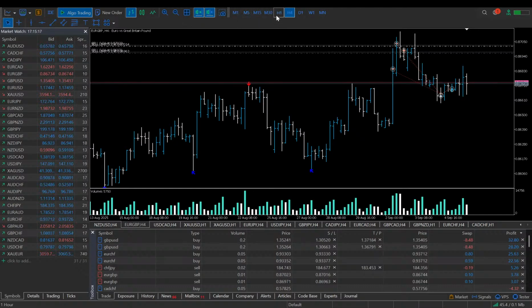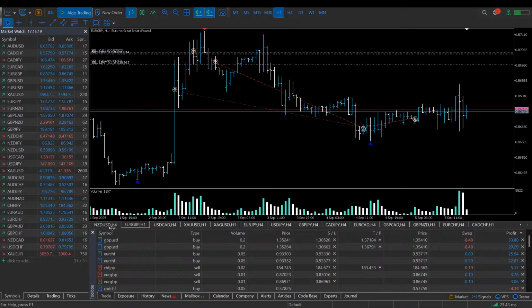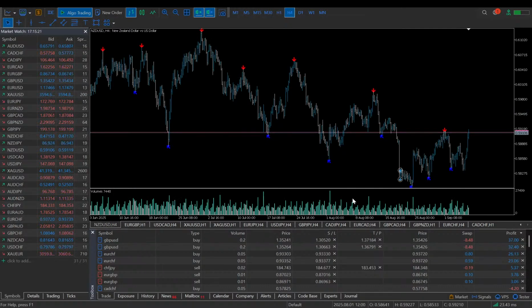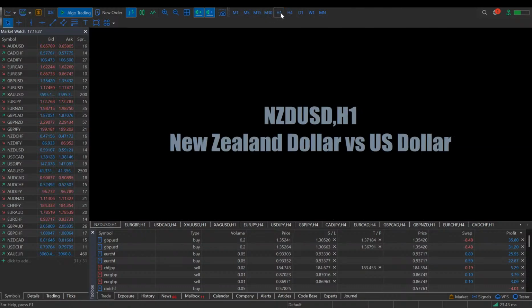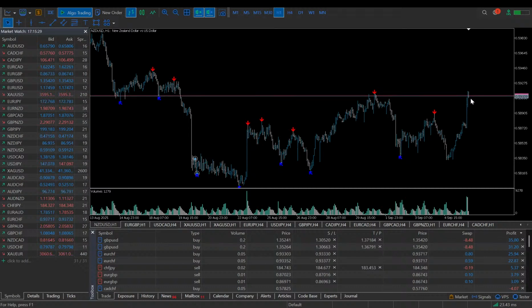EUR/GBP is one that is on my radar, and NZD/USD is another one that I would be looking to jump on in a trade. In fact, I will start looking for opportunities in NZD/CHF and NZD/USD as well. So that needs to happen from today.